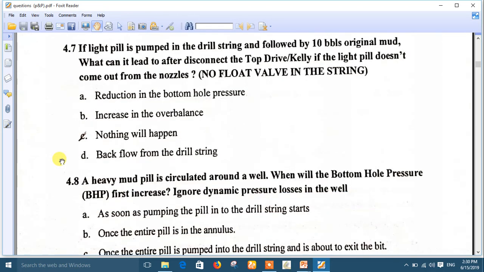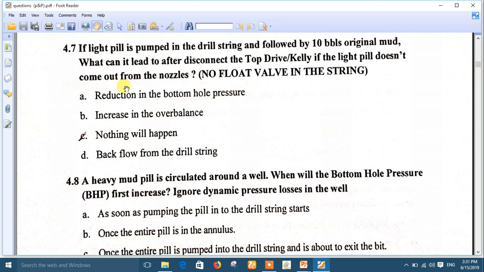If light bill is pumped in the drill string and followed by 10 barrels original mud. Light bill. What can it lead to after disconnect the top drive, if the light bill doesn't come out from the nozzles?